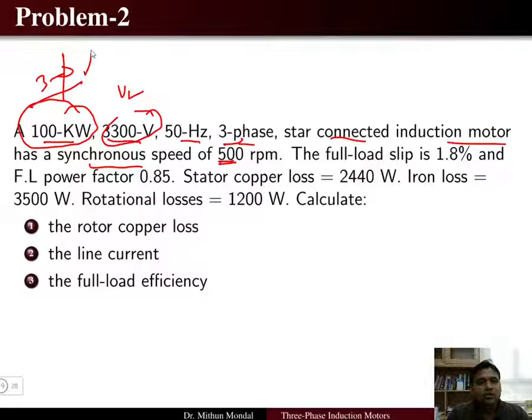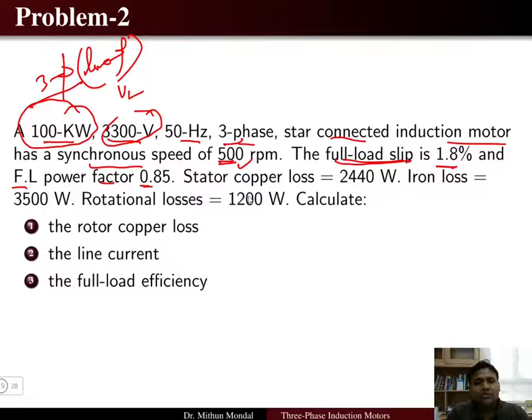So this is the full load condition. The full load slip is 1.8%, and the full load power factor is 0.85.